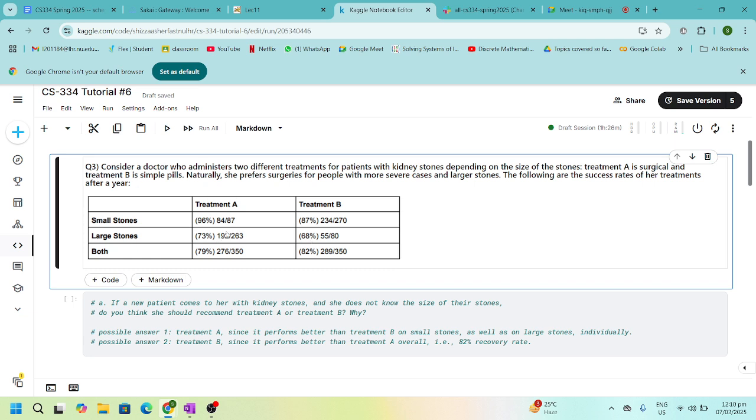So individually, it tells us that treatment A performs better for small stones and for large stones. But when you combine these results, you see that treatment B gives us a performance of 82% when you ignore the size of the stones and just look at the rate of recovery, which is more than that of treatment A. This we have covered in class as well.